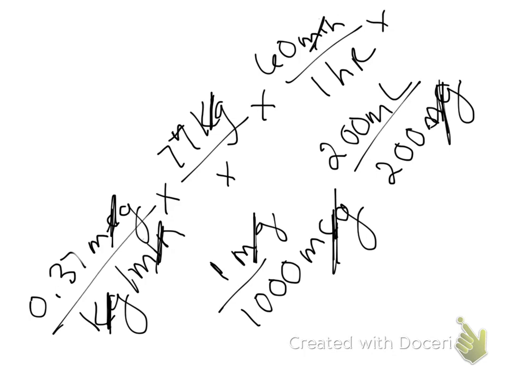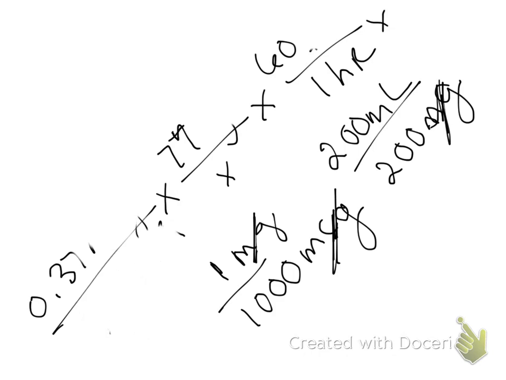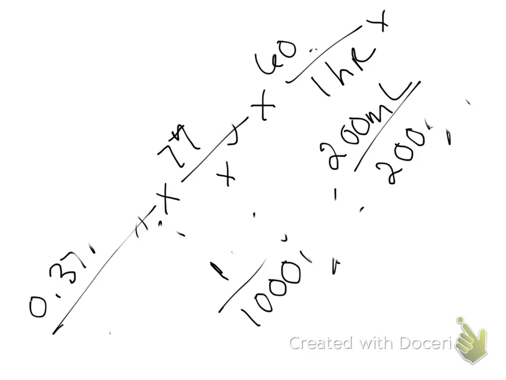Okay, so now what you're going to do is multiply. Since I'm using a dry erase board, you can take out what you don't need. We don't need this anymore, we don't need that anymore. So it cleans it up a little bit, and we're left with mLs per hour.